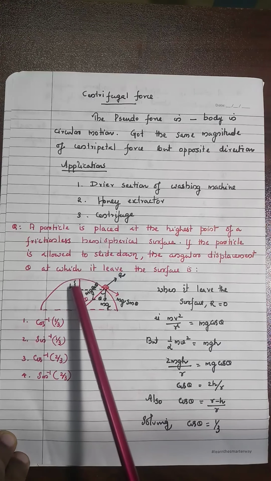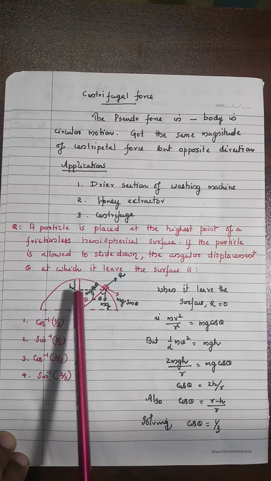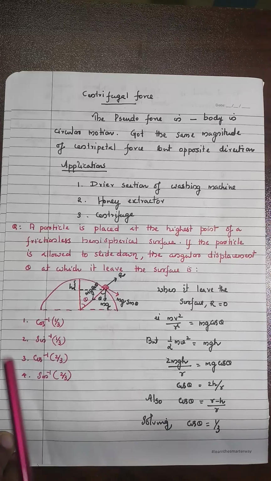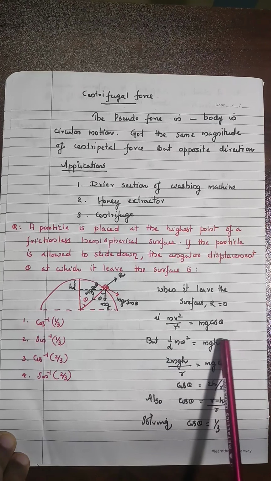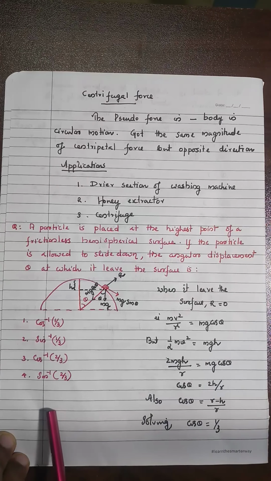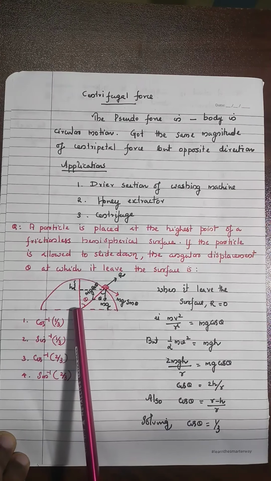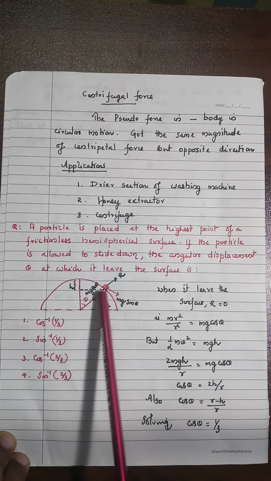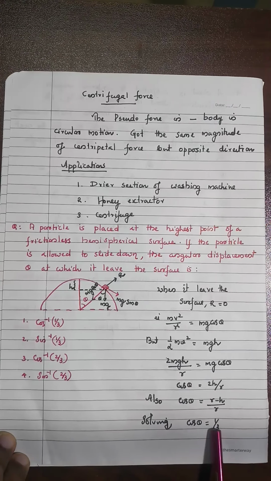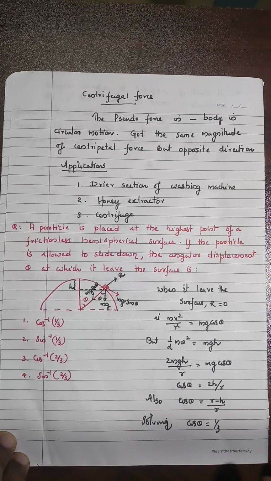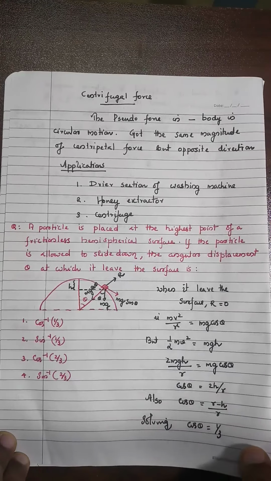We know it loses its potential energy, and hence half m v square equals mgh. So we can substitute m v square as 2 mgh. Taking cos theta as the adjacent side, r minus h by r, you can solve to get cos theta equal to 1 by 3. A good concept, keep in mind.